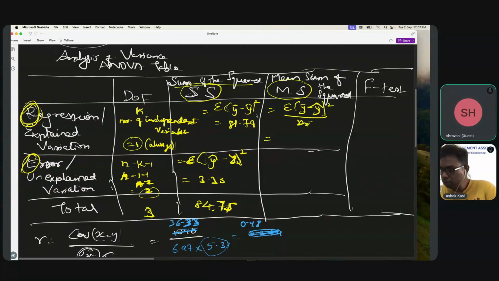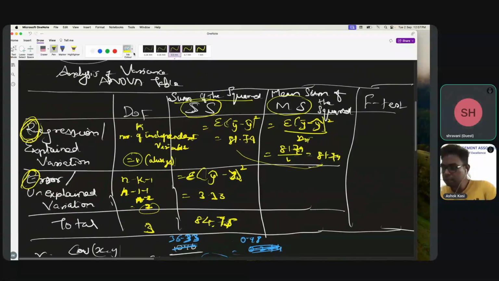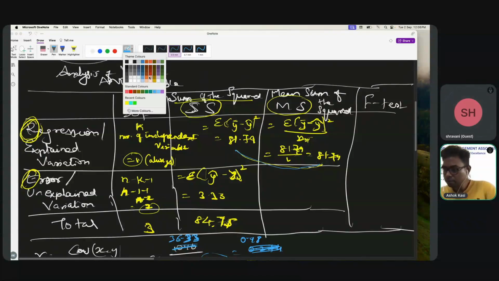So that is equal to 81.79 divided by 1. So this number will always be equal to sum of the squared regression. Can you understand why? Because here denominator is 1, right? That is the reason. You should know this one, because they might give you mean sum of the squared and ask you sum of the squared. SSR is what? Both will always be equal.